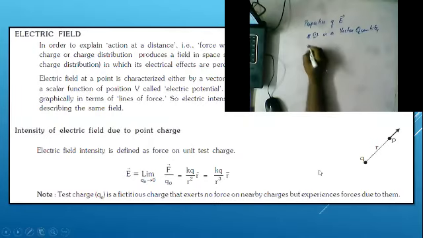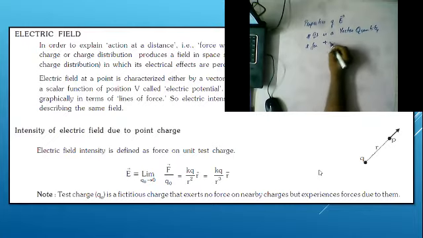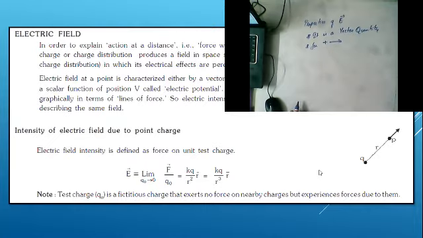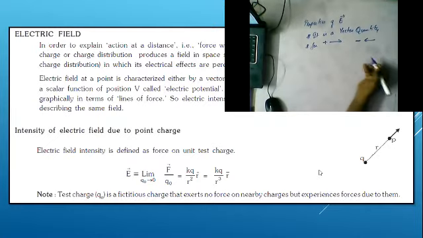The second one is, for a positive charge, the electric field intensity is always towards outside, and for a negative charge it is towards inside. Sir, what is outside, what is inside? For example, this is a sphere of influence for the positive charge.